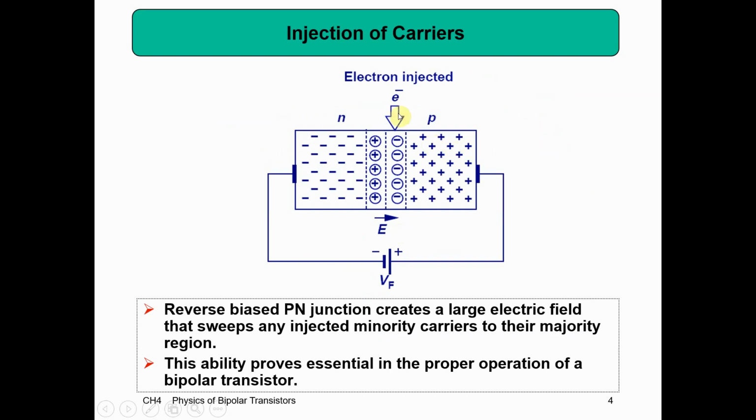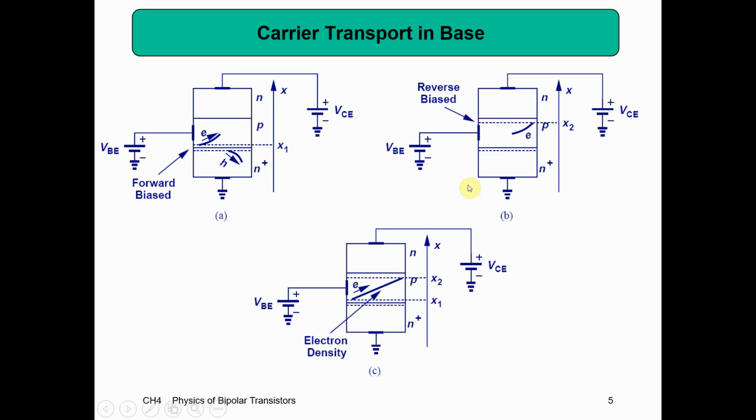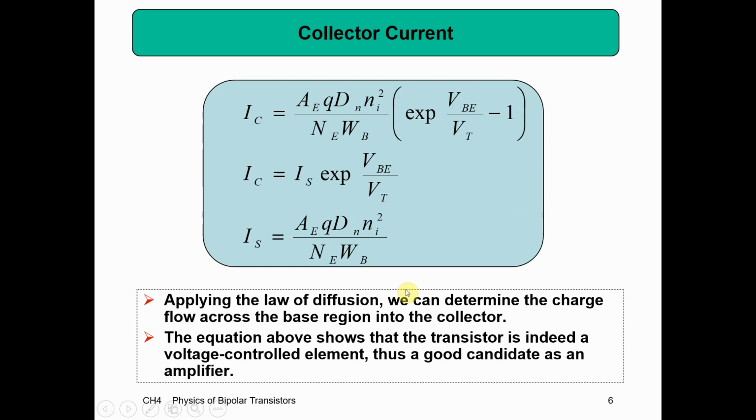So here it basically shows that we have this depletion region right here, and then we have these injections of holes, which is going to control that and get this flow across. And so this is showing that with this injection of holes, you get this change in the boundary here, and then you can actually get control across.